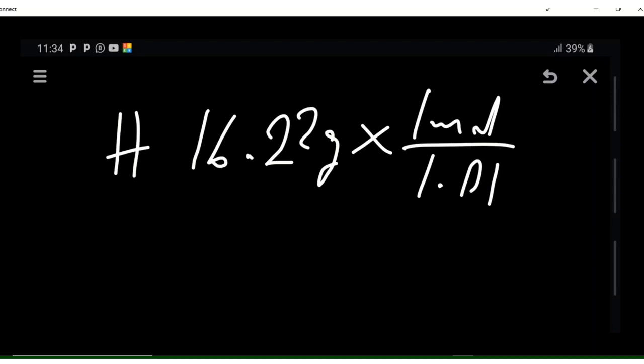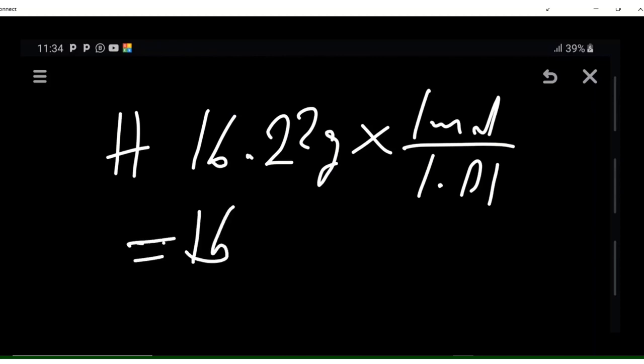So 16.22 divided by 1.01, you get 16 point something.